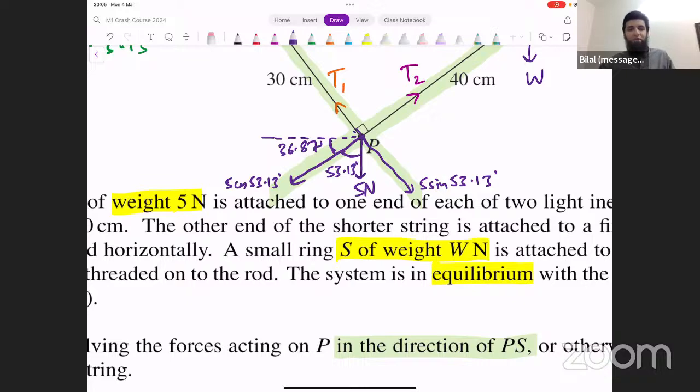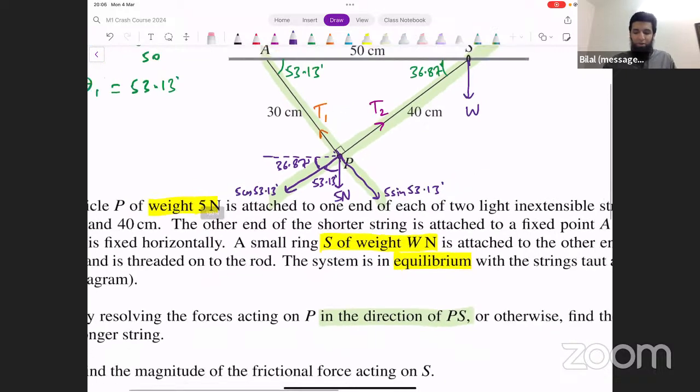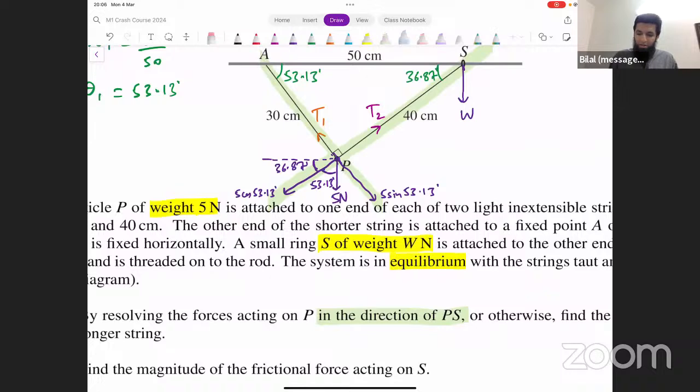And now you just equate the opposite forces. What are the opposite forces? T2 equals 5 cos 53.13 and T1 equals 5 sine 53.13.